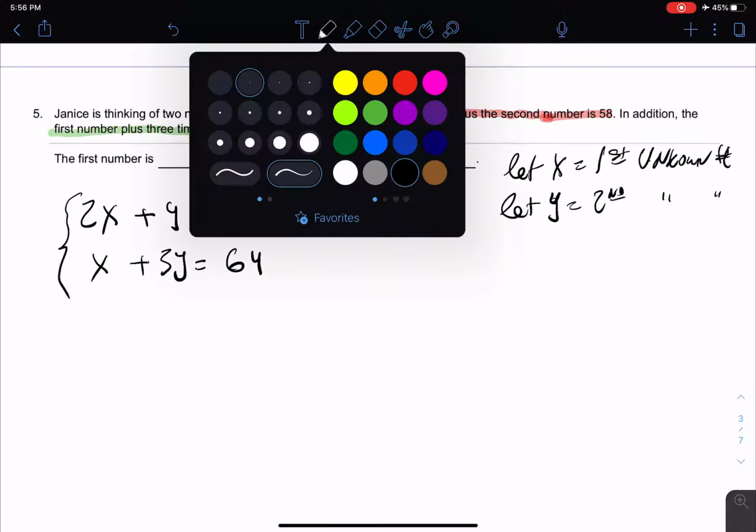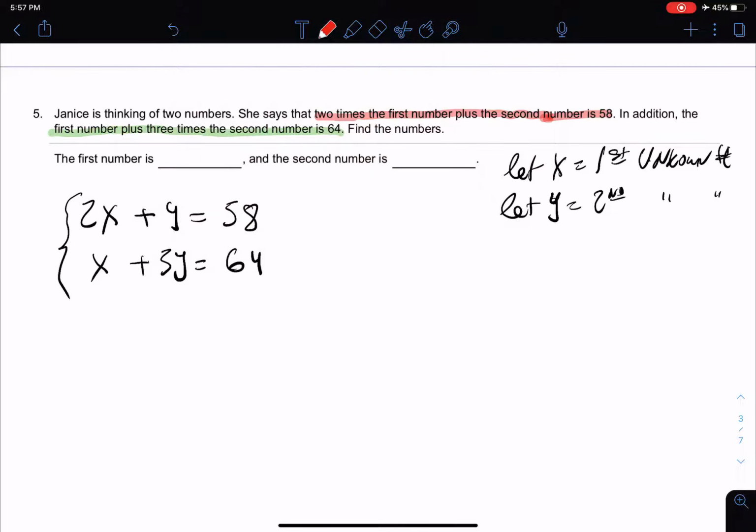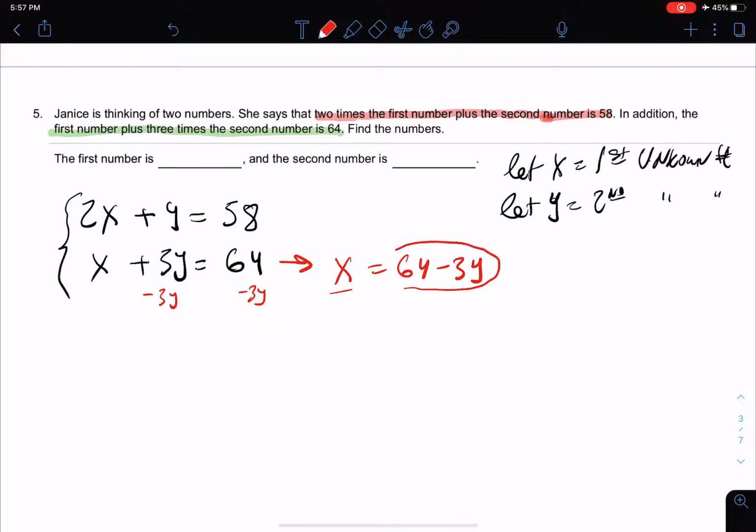So what I'm going to do is I'll do this in red, and I'm going to subtract 3y. Why? Because I'm going to try to solve for x. This says now x equals 64 minus 3y. So if you believe that x equals 64 minus 3y, then remember you have to sub it into the other equation. We started with this one. You have to sub it into the other equation for x, which is right there.